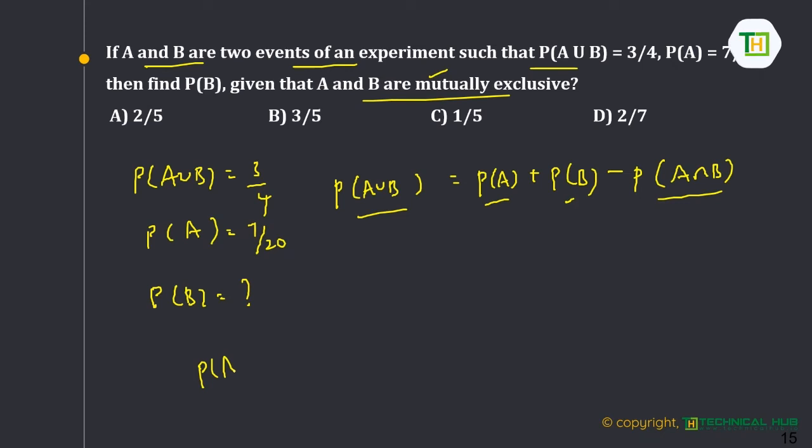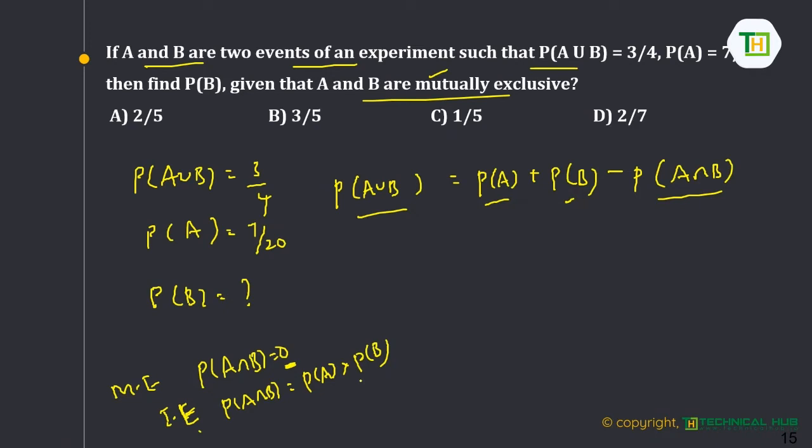Whenever A and B are independent events, P of A intersection B is equal to P of A into P of B. So don't forget. In case of mutually exclusive, P of A intersection B is equal to 0. In case of independent events, P of A intersection B is equal to P of A into P of B.